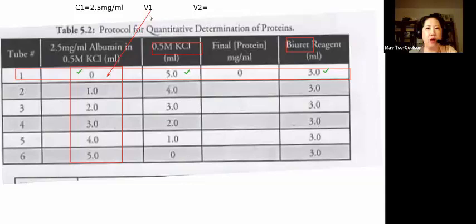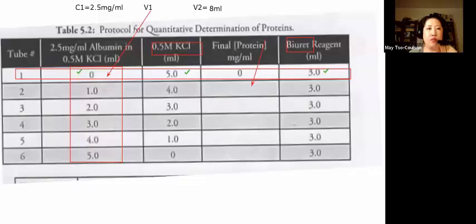So our V2 value is 8 ml. We do not know what C2 is, which is the column that we are going to calculate here.